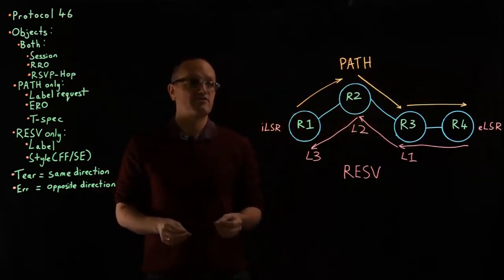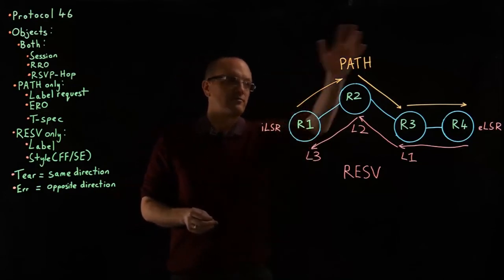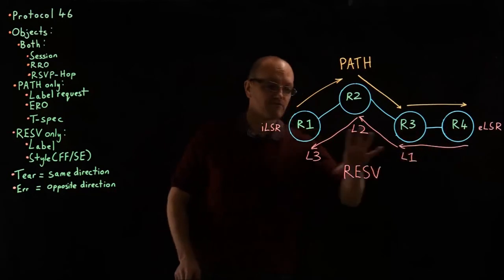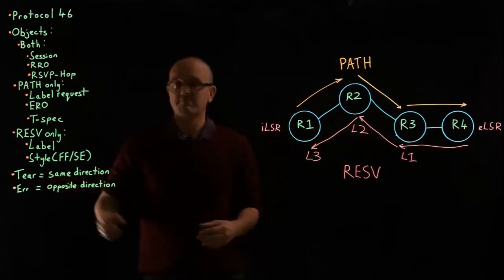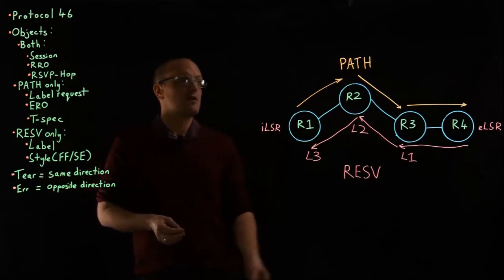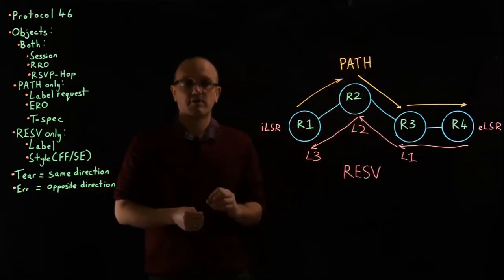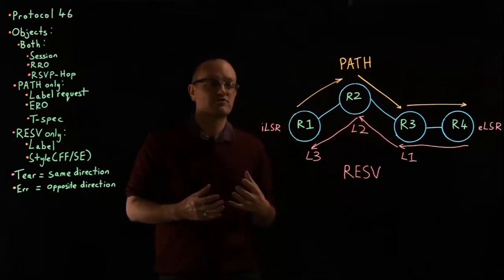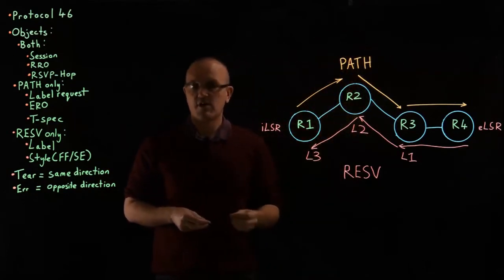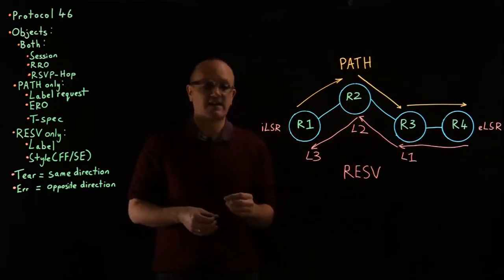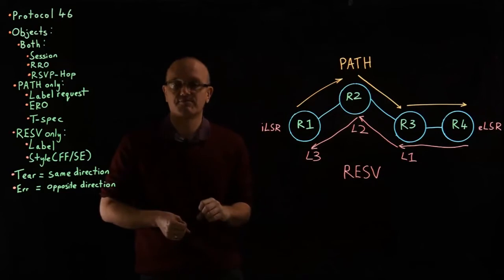So path tear messages flow downstream, and reserve tear messages flow upstream. And the purpose of these messages is to remove the resources that were allocated by their equivalent. So path tear messages are removing the resources allocated by path messages. Reserve tear messages are removing the resources that have been allocated by the reserve messages.